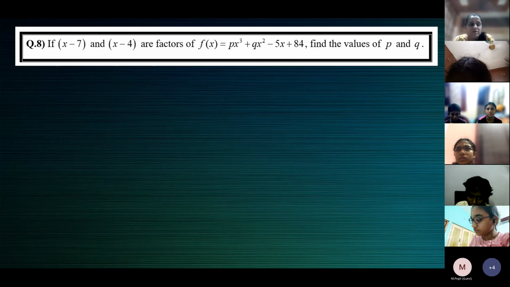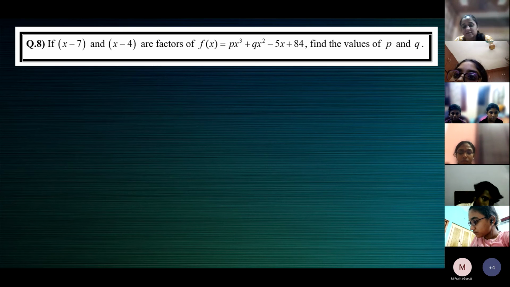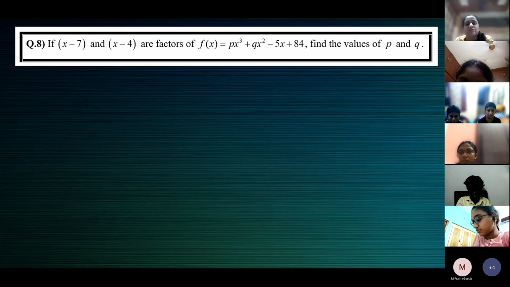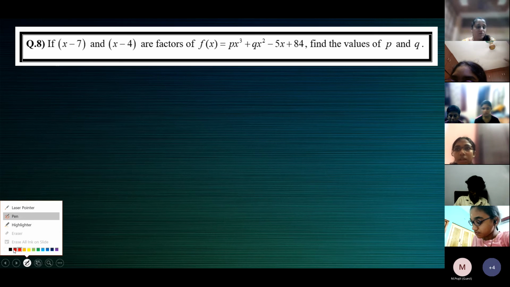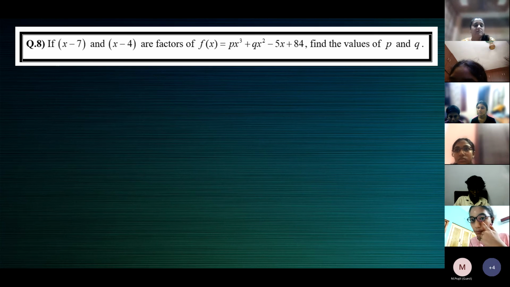So here, if x minus 7 and x minus 4 are factors of f of x, find the values of p and q. So what do you understand from this?